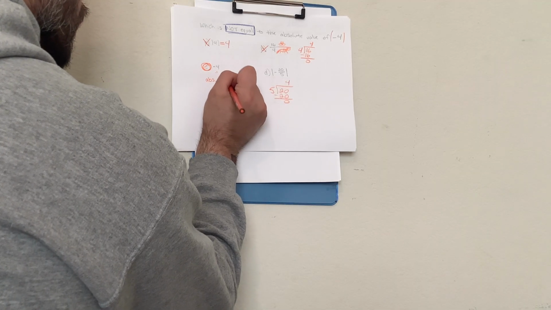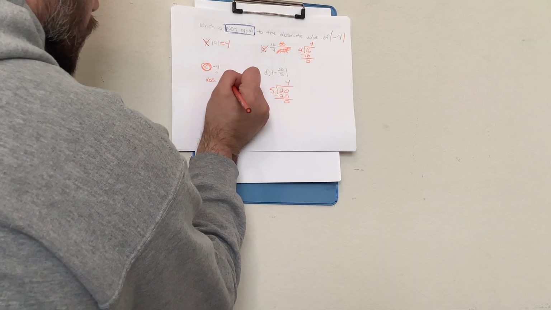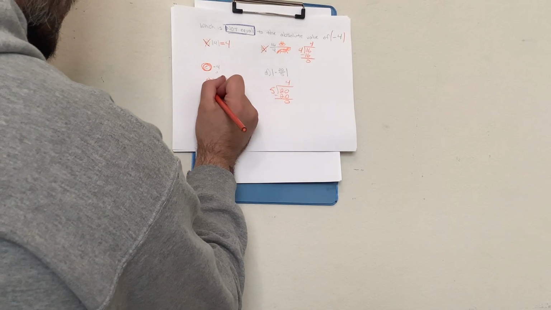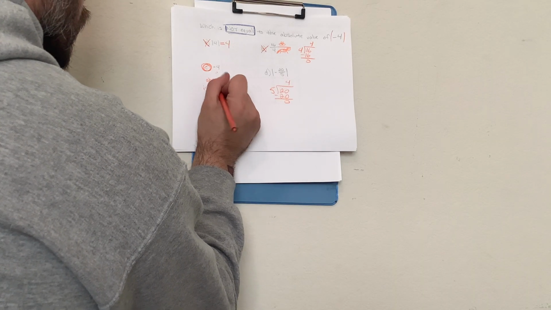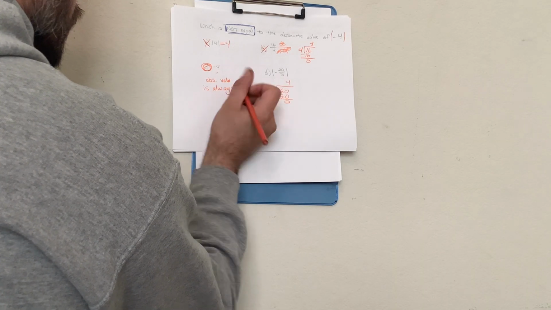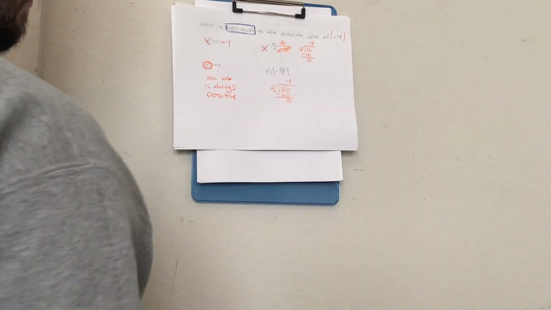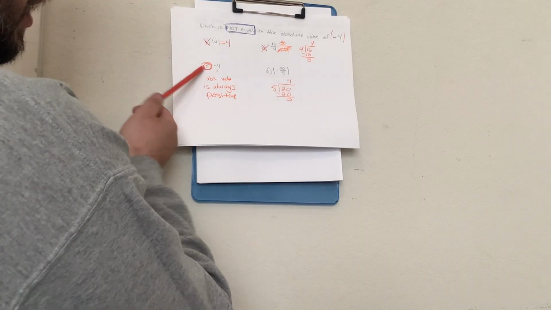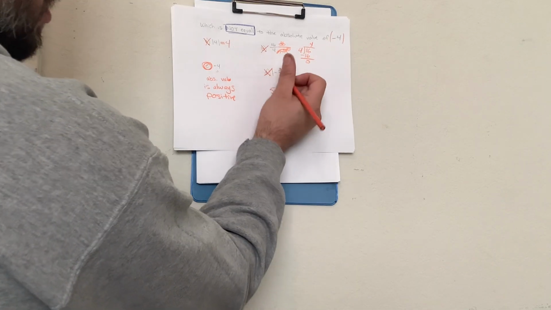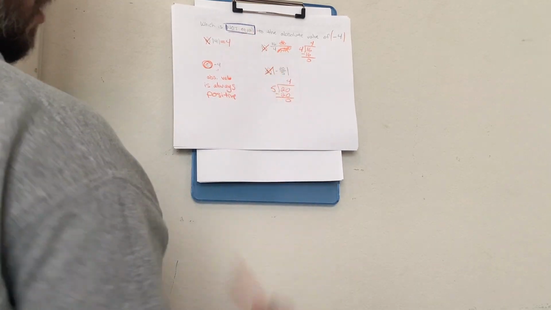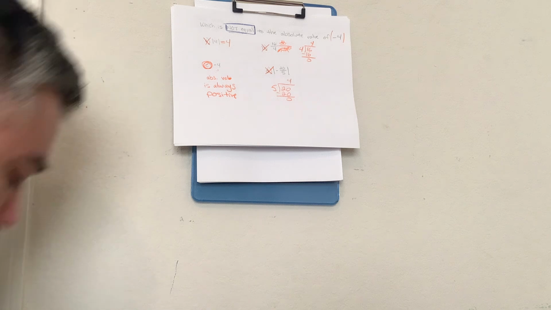Absolute value is always positive. And that's why that's wrong. Because this works and we're looking for what's wrong, what's not equal, that's why that's right.